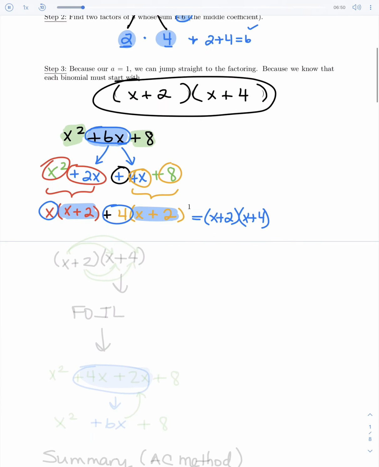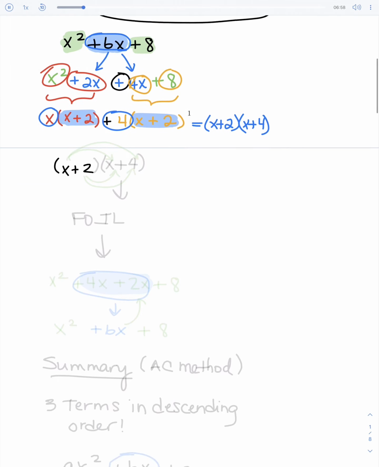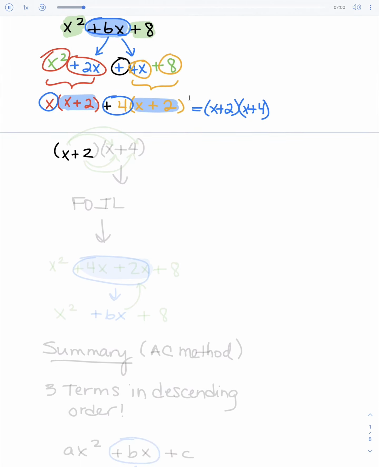So the question becomes, why does this even work? It's because when you go to check your answer, you'll kind of see why. If you have your x plus 2 times your x plus 4, how do you check your answers? You FOIL. And how do you FOIL things out?